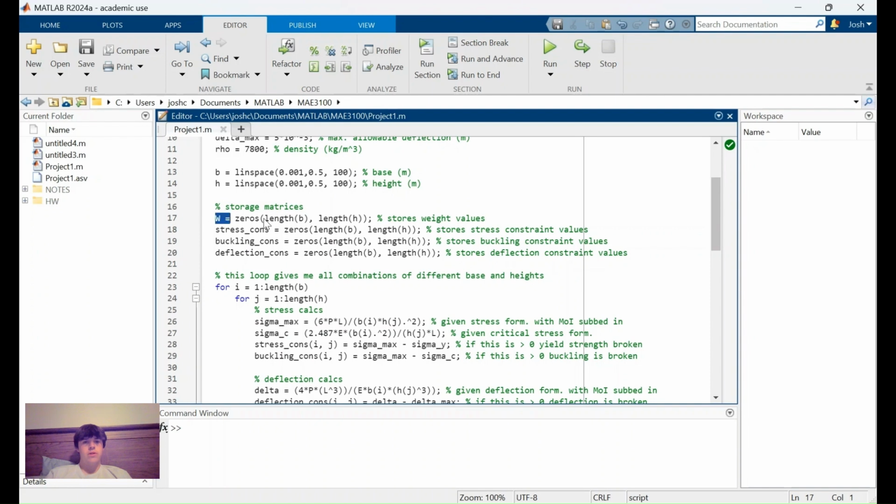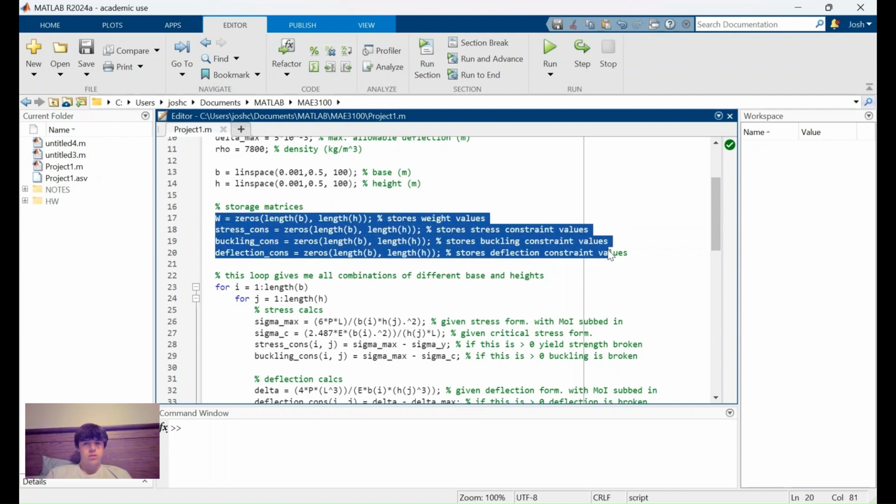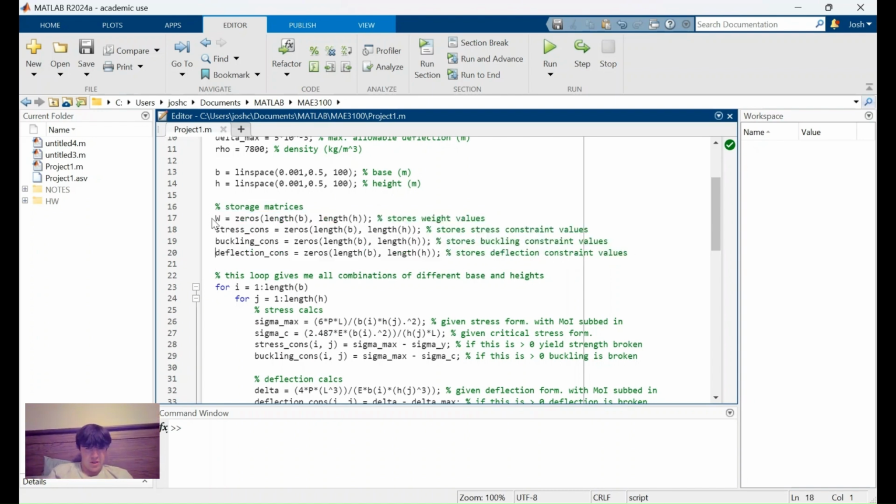And then we have our basic storage matrices that you see in all contour plots, like the stuff we've done earlier on. We have 4 different types of contours that we're plotting, so we have our 4 different matrices.